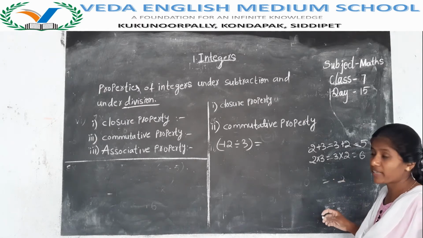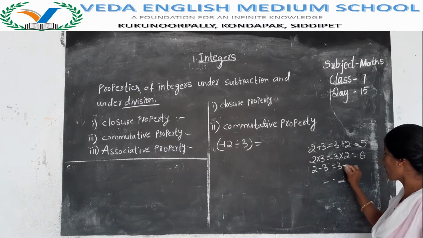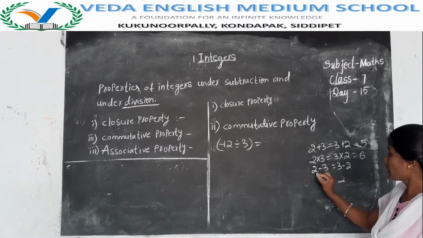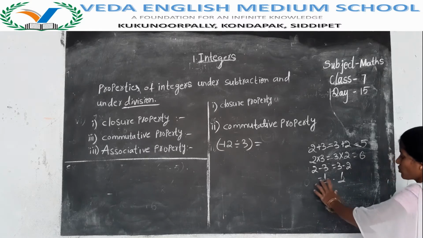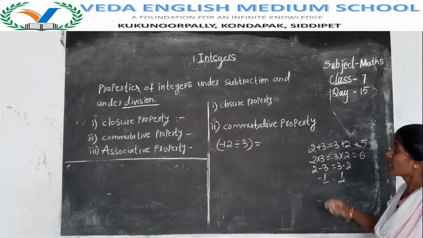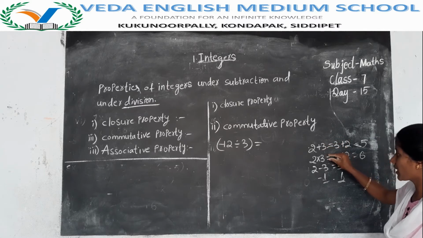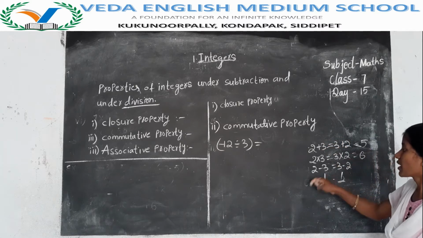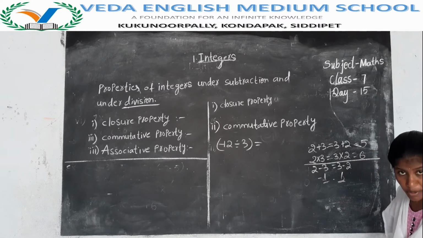Then commutative property under subtraction. 2 minus 3, then change their orders, 3 minus 2, both are not the same. Here 2 minus 3 gives minus 1, 3 minus 2 gives 1. Minus 1 and 1, both are not the same. That means commutative property under addition is possible. Commutative property under multiplication is possible. But commutative property under subtraction is not possible. Why is that not possible?